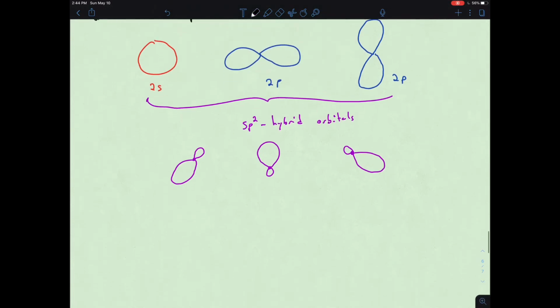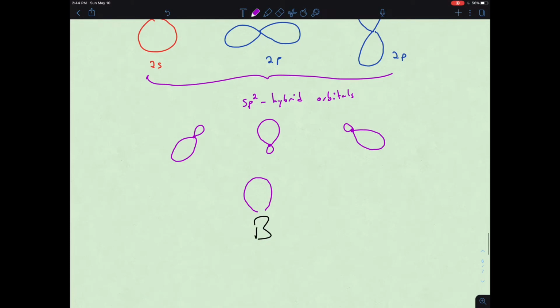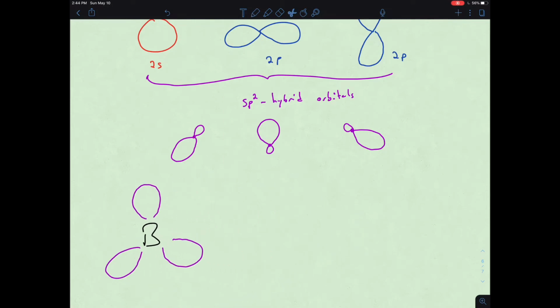So we have our boron, and it has a lobe above for bonding, a lobe off to the left, and a lobe off to the right. And each one has an electron within.